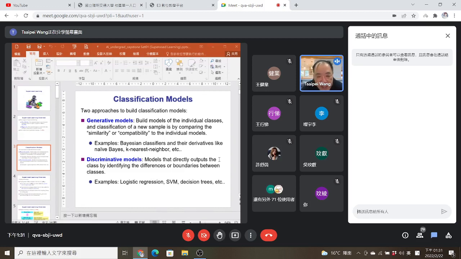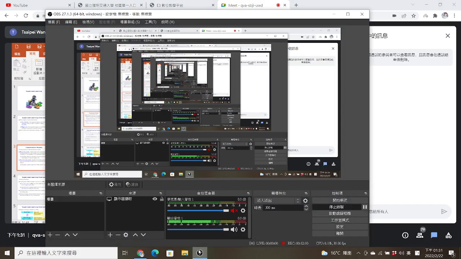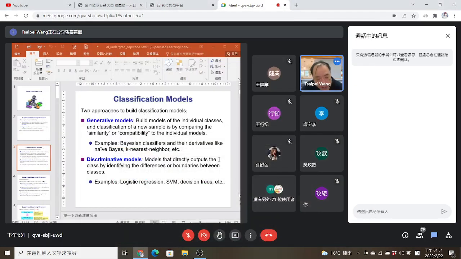That depends on how much you use to describe the individual classes. For generative models, the idea is that you try to figure out what each class should be like. So you build models of the individual classes, and then for each new sample, you compare it with those models and assign it to the class that's most similar or most compatible.